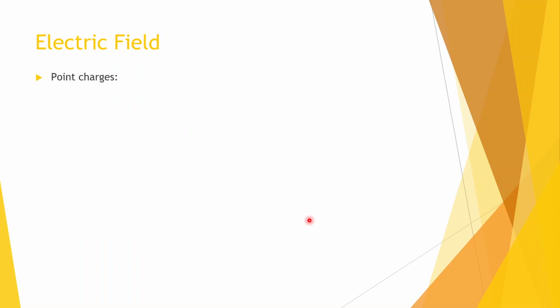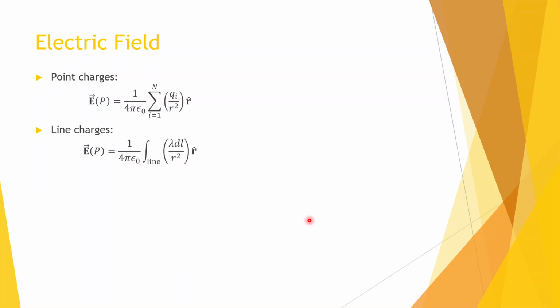Now we need to find the electric field for each of these. Again, we have defined it for a point charge, so this is the equation for a point charge. At a certain point in space, this is what our electric field will be. What about for a line charge? For a line charge, we now need to go up to something more than just a summation: we need to take an integral.